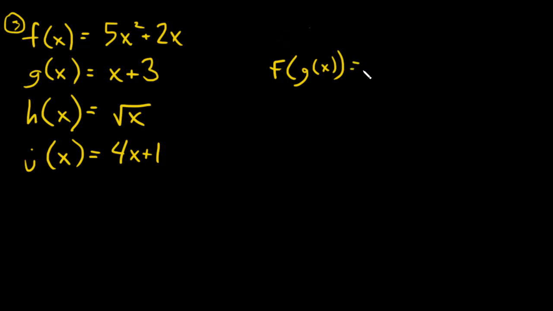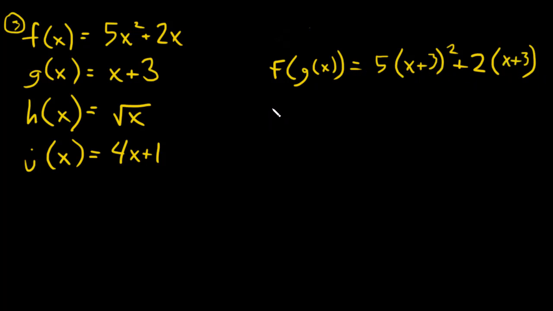So this becomes 5 times x plus 3 squared plus 2 times x plus 3, just like that. Okay, and you can see the end result has the g of x, x plus 3 untouched. So that's why I know that I did it right. The g of x is the interior function of my composite function, and it appears untouched over in my answer.